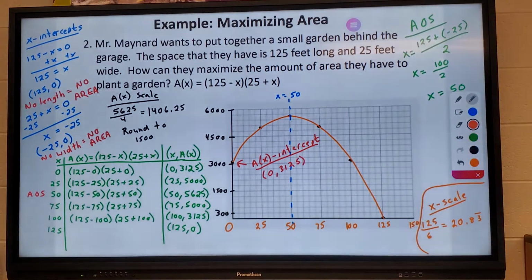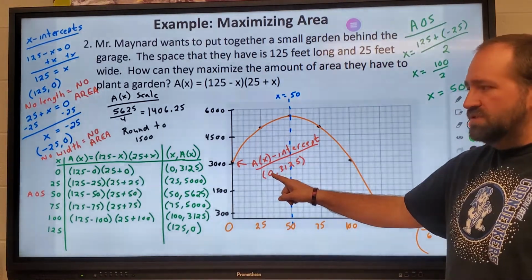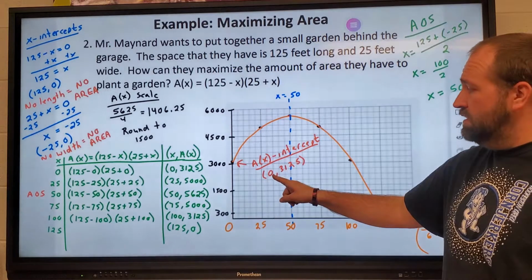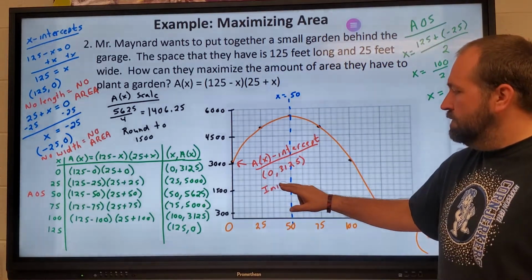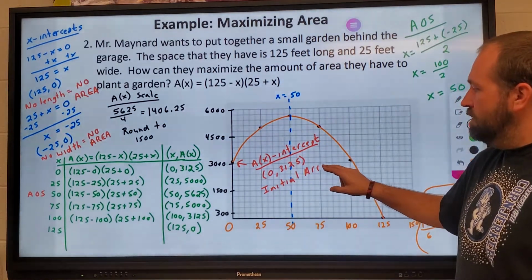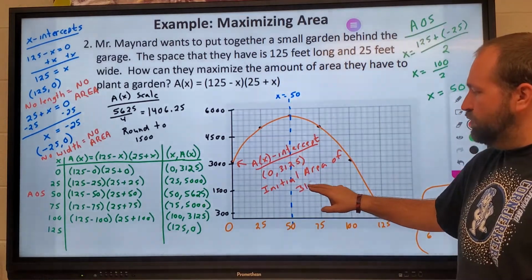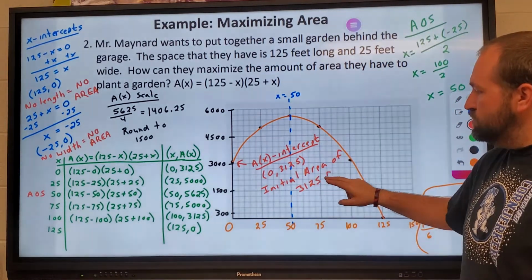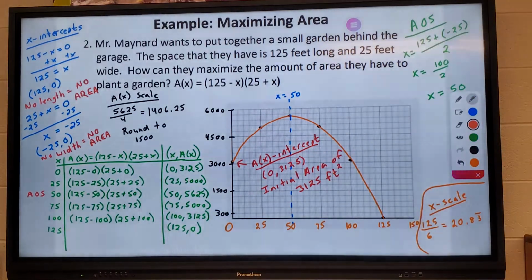What that tells me here is that if I do not move the length or the width at all, if I move 0 spaces in feet, I have the initial area of 3,125 square feet. Remember again, this is area, so this is a square feet measurement.